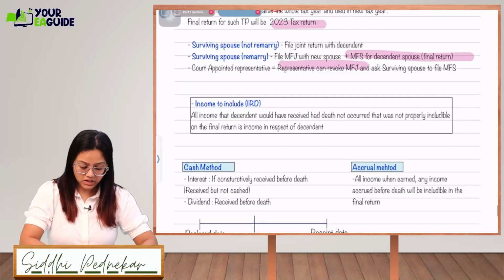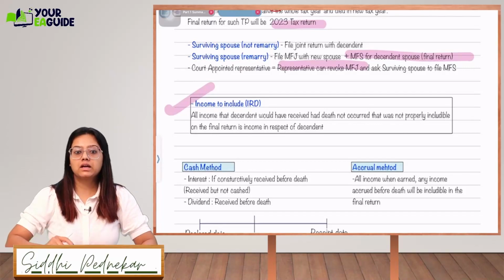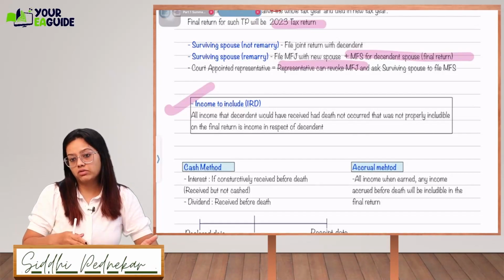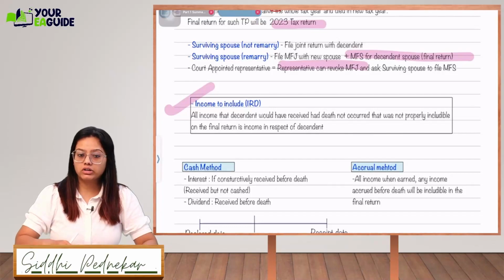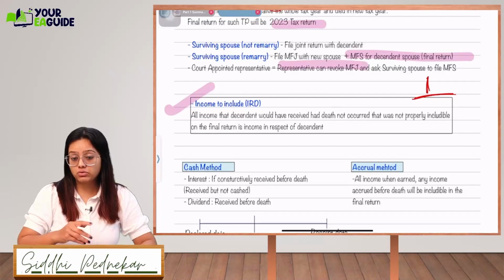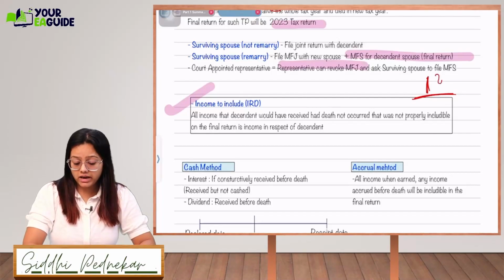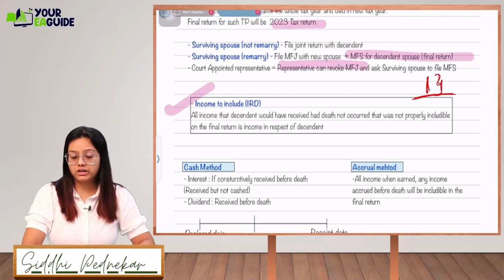Okay, now whatever income is taxable for the beneficiaries will be called income in respect of the decedent. All income that the decedent would have received had death not occurred, that was not properly included on the final return. Means, if the person who died has followed the cash basis, then up to the date of death, whatever cash has been received will be included on the 1040 final return.